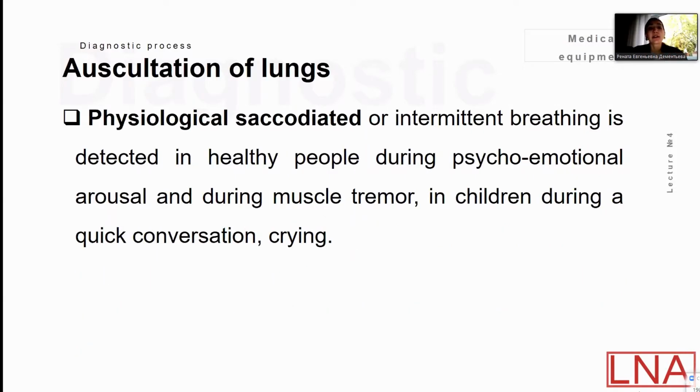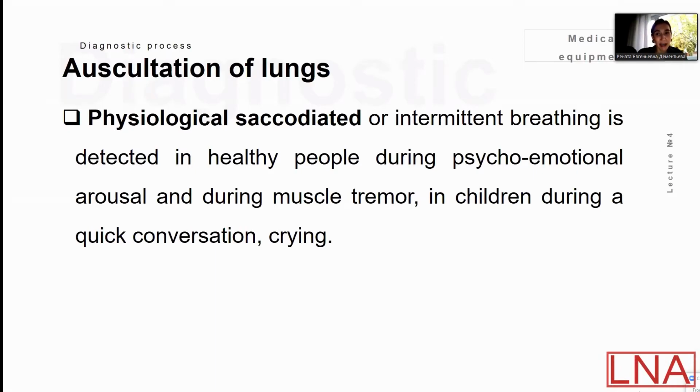Physiological saccadic or intermittent breathing is detected in healthy people during psycho-emotional stress, psycho-emotional arousal, and muscle tremor. It's possible because during muscle tremor there can be some blocking, some spasm of the bronchus, working like an obstacle. And in children during a quick conversation or during crying, this type of breathing appears.